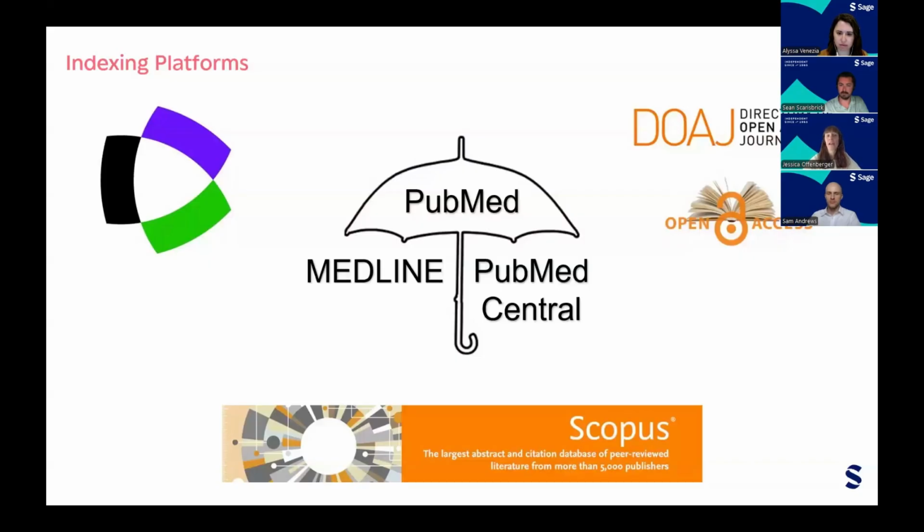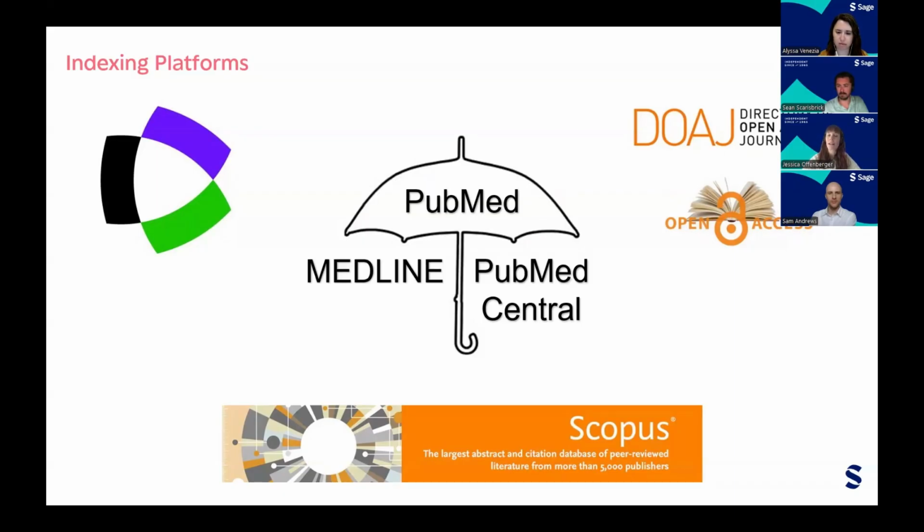PubMed, on the other hand, is a government-run biomedical index, as I mentioned. You can think of PubMed like an umbrella, as you see here on the slide, that contains both Medline and PubMed Central, or PMC, although these are separate indices from each other. Medline is hosted exclusively on PubMed, and PMC content is hosted on a separate site and fed through to PubMed for hosting there as well.